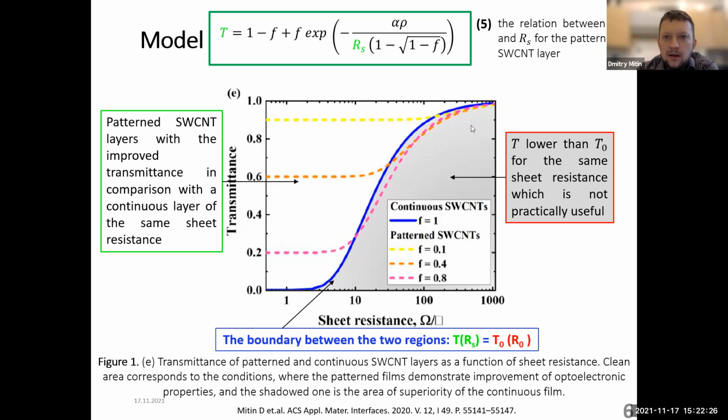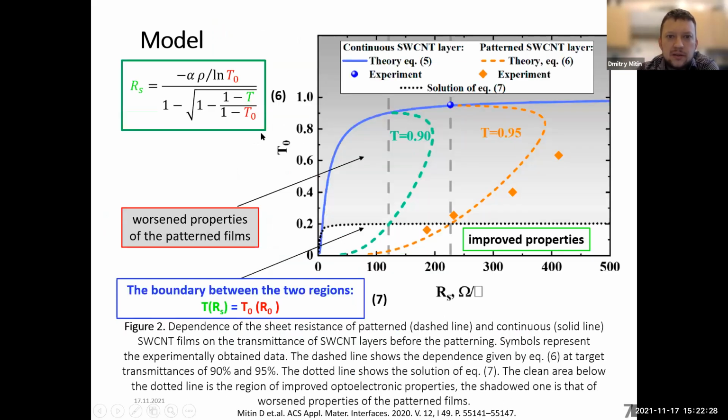Next we want to discuss the choice of initial transmittance of the continuous layer for making the patterned layer. This graph shows the dependence of initial transmittance of the CNT layer versus sheet resistance.